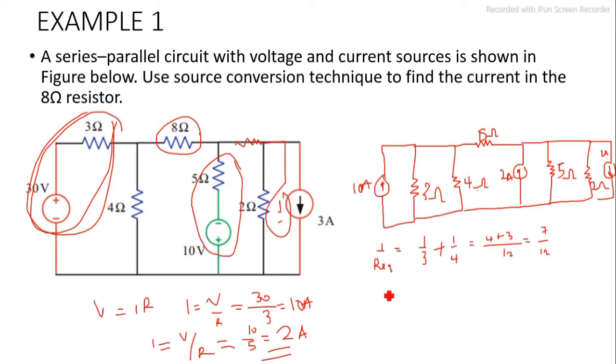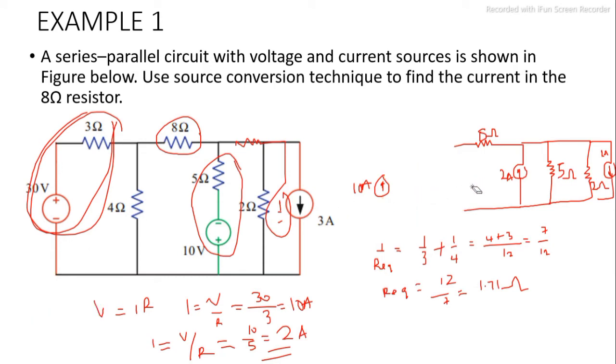Take the reciprocal, so R equivalent equals 12 over 7. 12 divided by 7 is 1.71 ohms. So the equivalent of these two gives us 1.71 ohms. Let's remove that and put that. So these two now give us 1.71 ohms.